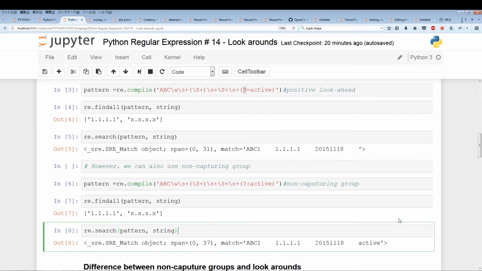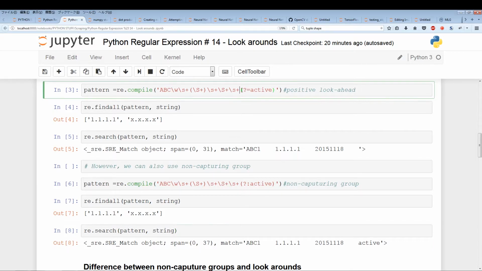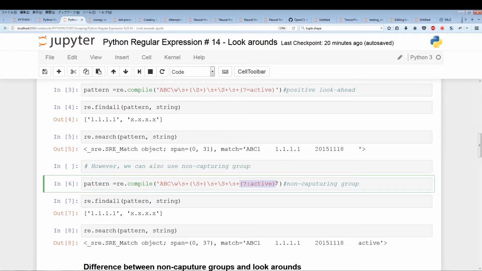With a positive lookahead, the cursor is not moving. It checks and then comes back. So everything before gets captured, and if you want to capture the rest of this part, you have to specifically write a regular expression for that portion as well. In this case, you have a non-capturing group, and this also consumes.